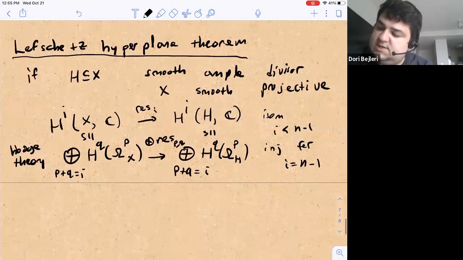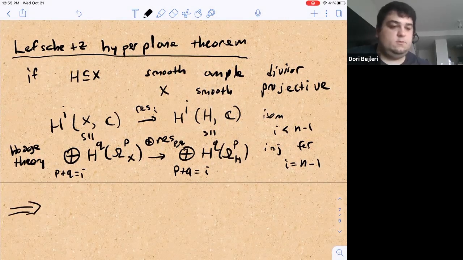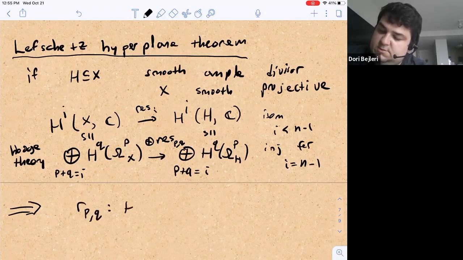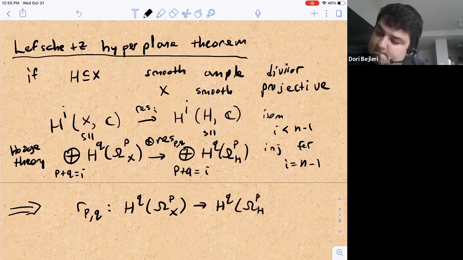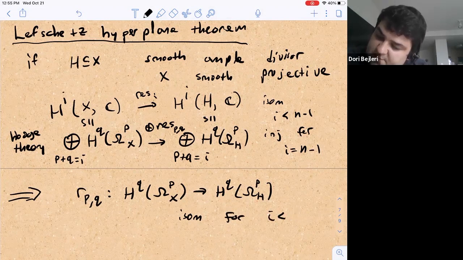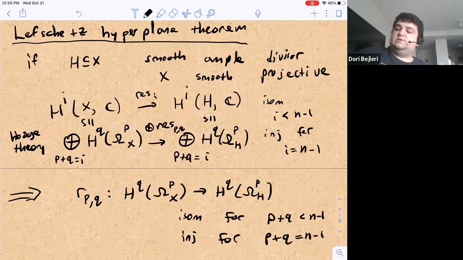And so this tells us that these restrictions on Hodge groups are isomorphisms for p plus q less than n minus 1, and injective for p plus q equal to n minus 1.